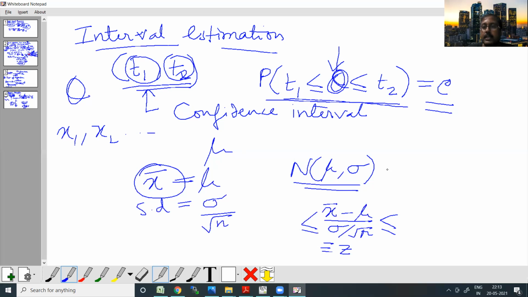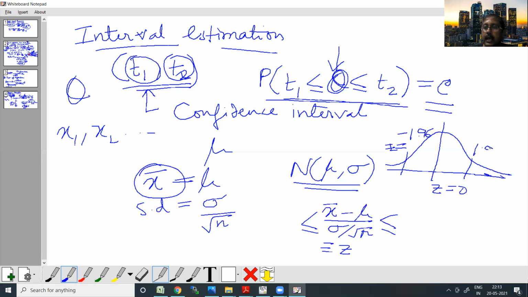If I look at the z variate curve, we know some standard values, like z equal to 0 is the midpoint, and between z equal to minus 1.96 and plus 1.96, this whole area under the curve represents 95%, or 0.95.